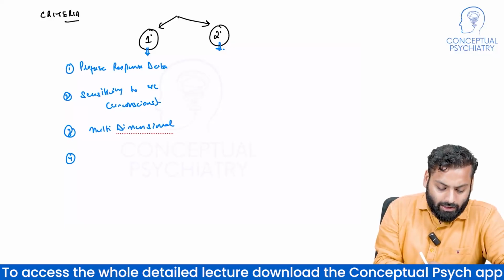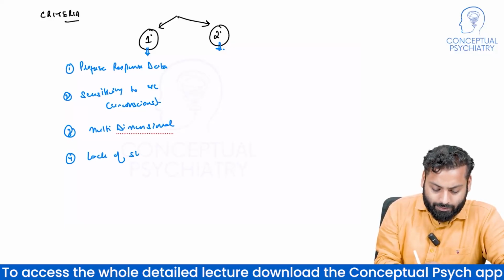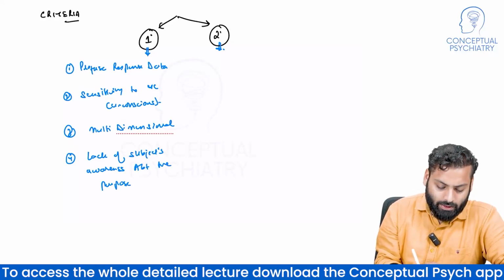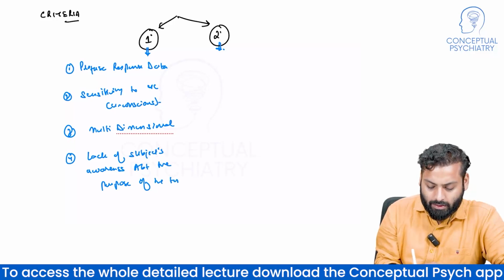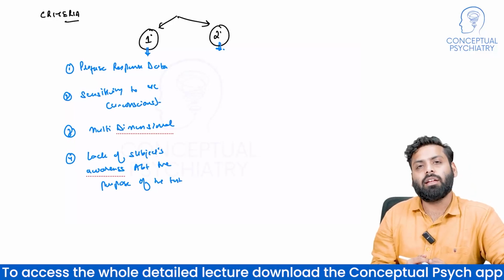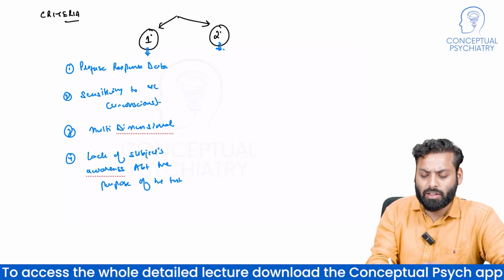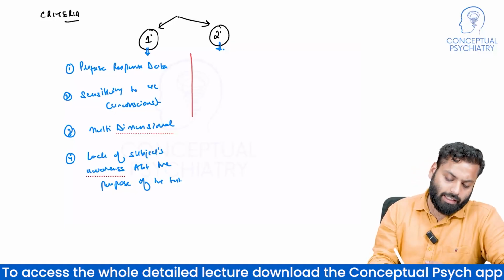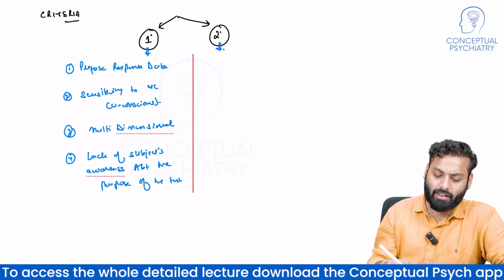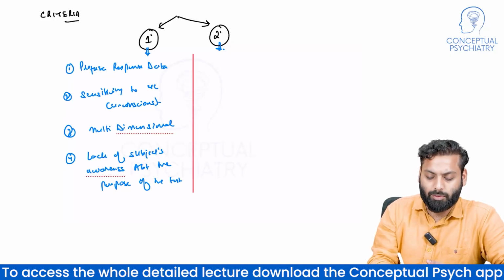And there should be a lack of the subject's awareness about the purpose of the test. The subject's awareness about the purpose of the test should be lacking. This we have discussed. Then what are the secondary criteria? How should the stimuli be?